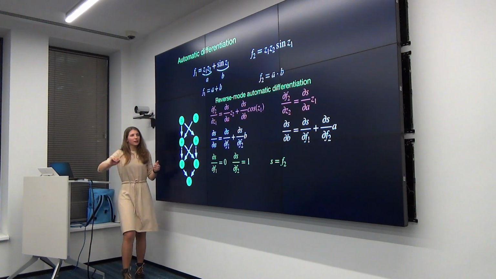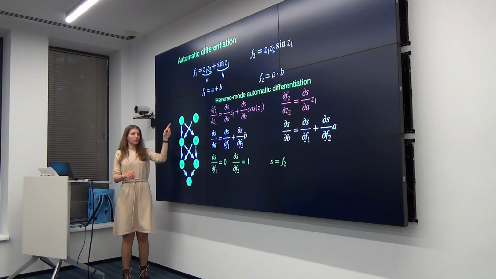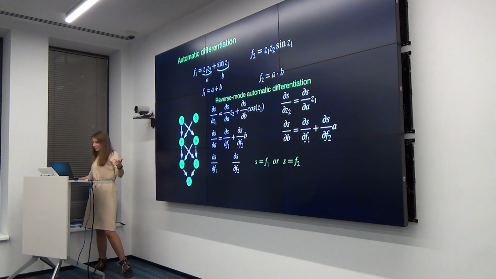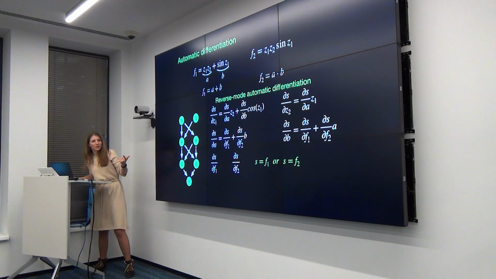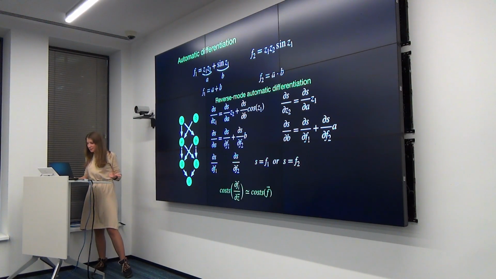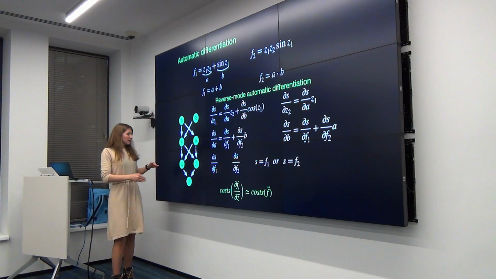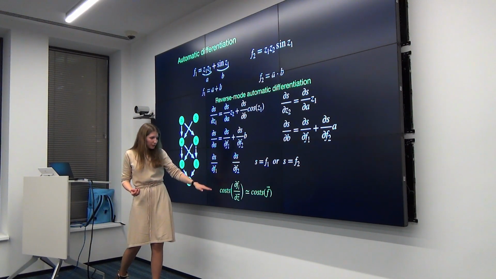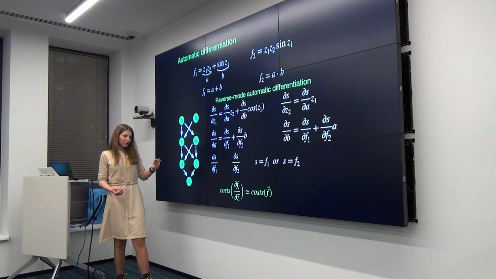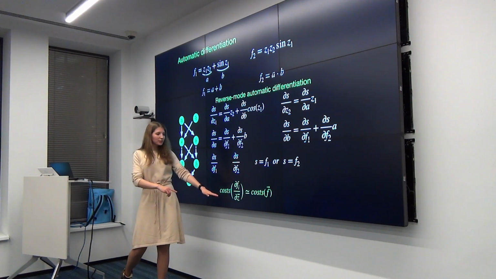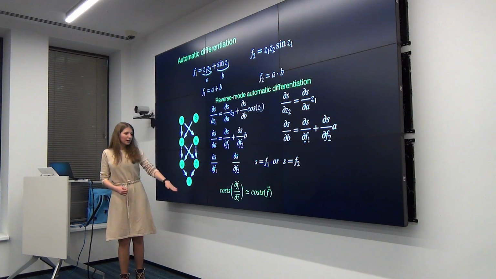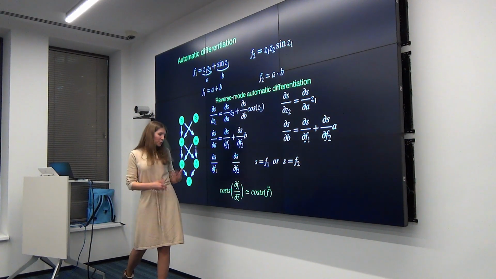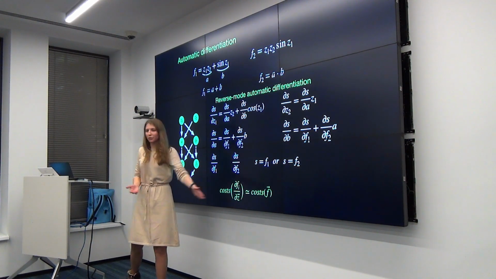And at the last step, we get derivatives of f2 with respect to all components of z. So here we change s, we set it to f1 or f2, and by one pass through our graph, we get derivatives of one component of the output with respect to all components of the input. So for this computation we need approximately the same amount of operations as for the forward pass.